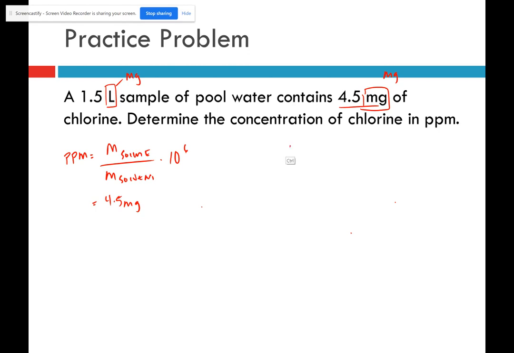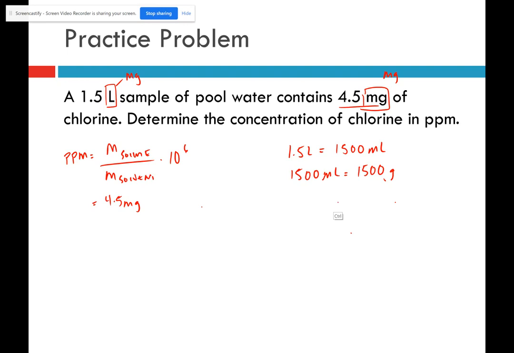We know 1.5 liters is the same as 1,500 milliliters, which is the same as 1,500 grams. But we don't need this in grams, we need both of these units to be in milligrams.